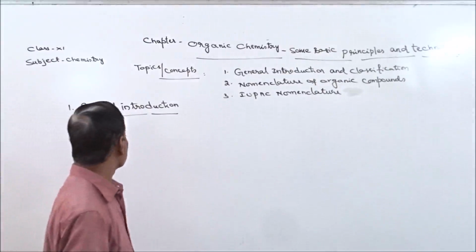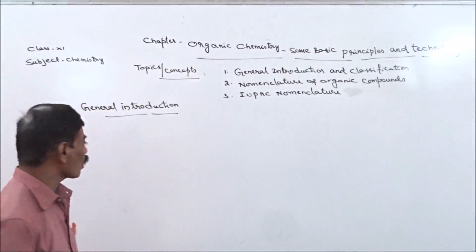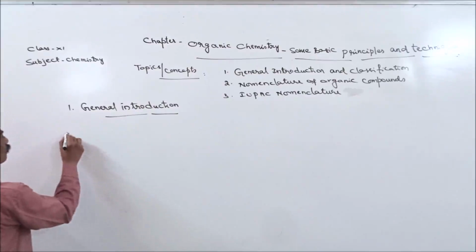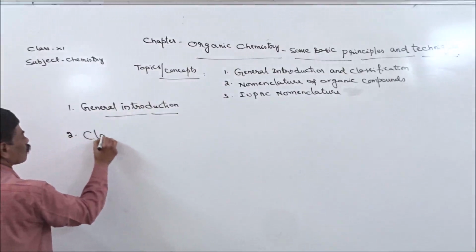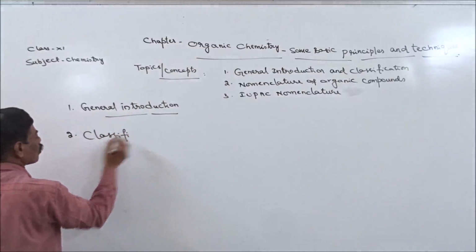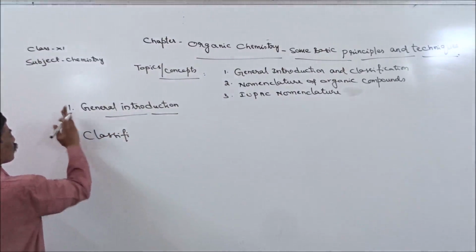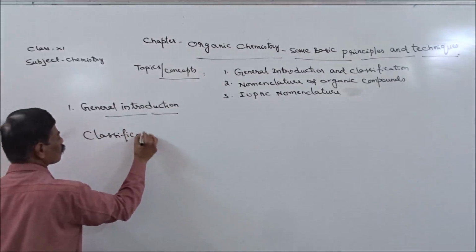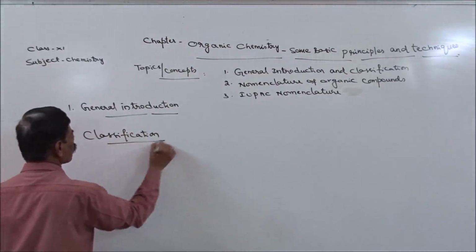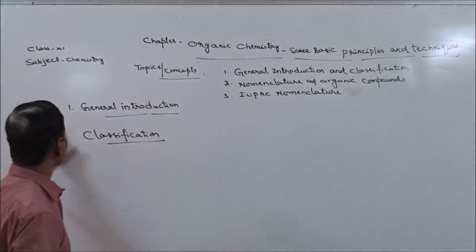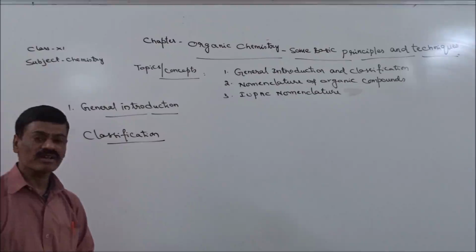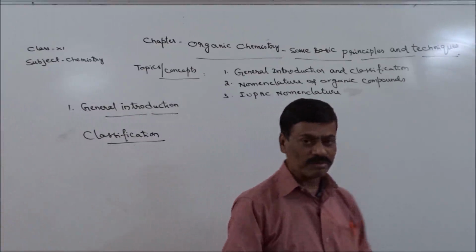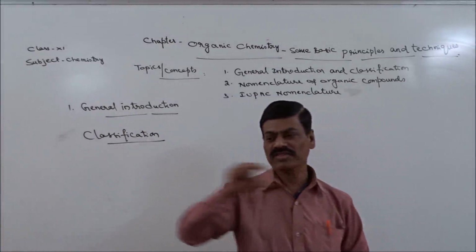Now let us see classification of these organic compounds. Classification means division. How these organic compounds are divided. These organic compounds sometimes look like chain structures.